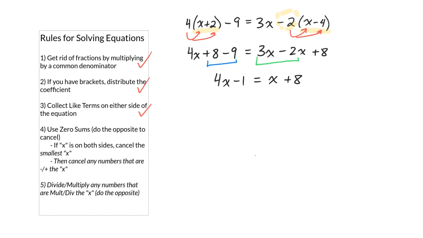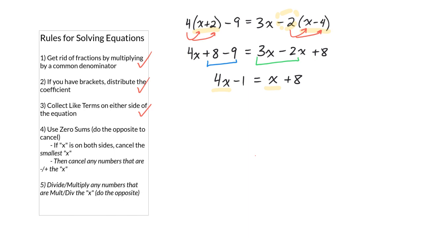Next, it says to use zero sums. So first, I check to see if there's an x on both sides of the equation, and there is. There's 4x on one side of the equation and 1x on the other side of the equation. So I'm going to cancel the smallest x. The smallest x in this case is 1.